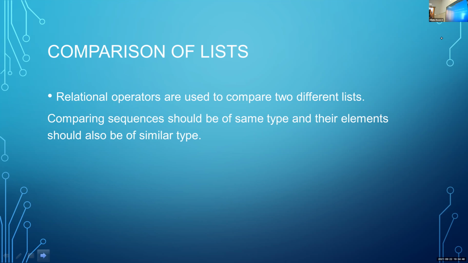Comparing sequences should be of same type and their elements should also be of similar type. Just write the definition.